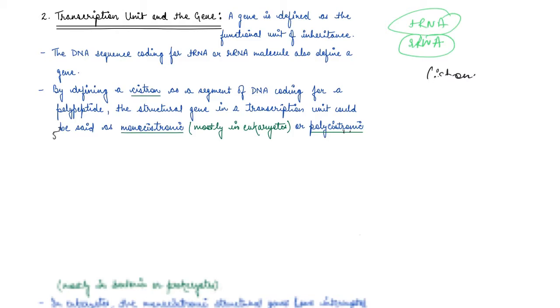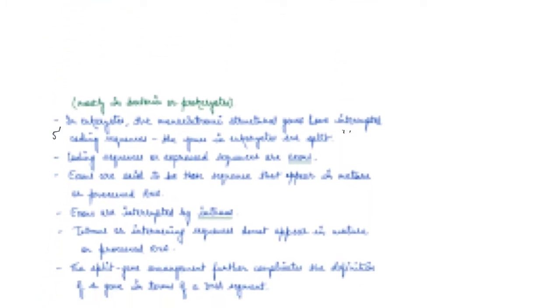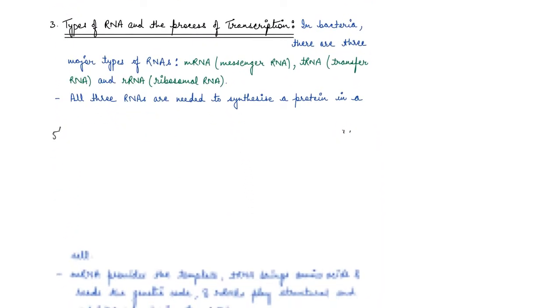Now we know that most eukaryotes are monocistronic, and most prokaryotes and bacteria are polycistronic, right? So let's see the different kinds of RNAs and the process of transcription. In bacteria, we have three major types of RNA.